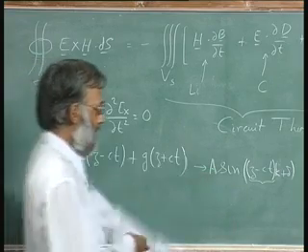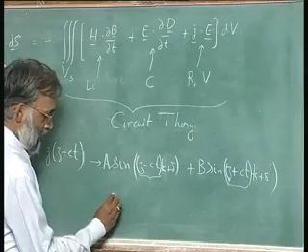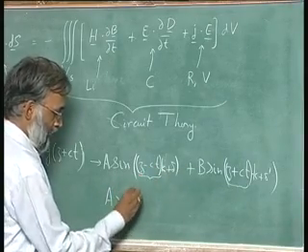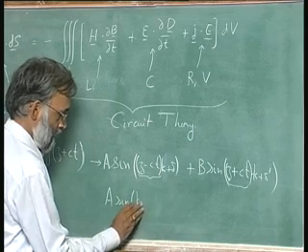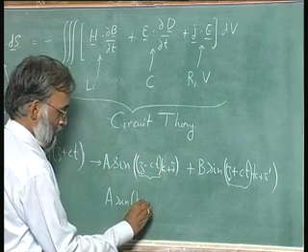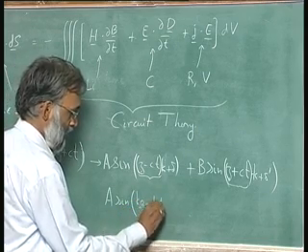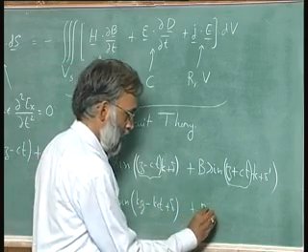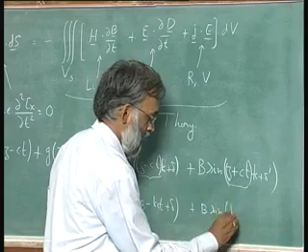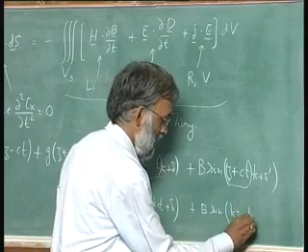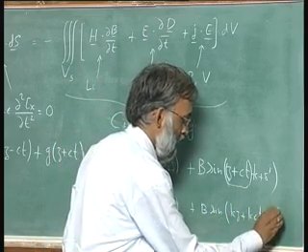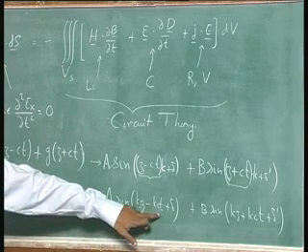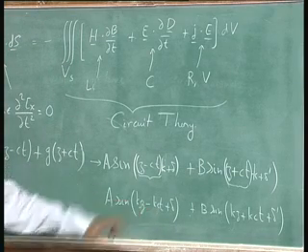If you write this out, what you get is A sine kz minus kct plus delta plus B sine kz plus kct plus delta prime. So, it is some function of z, some function of t through these things.